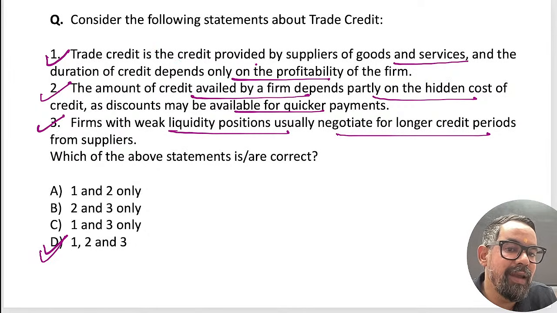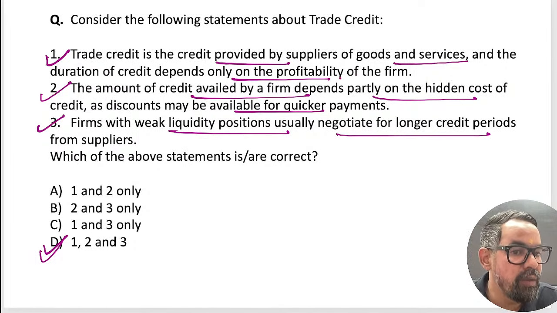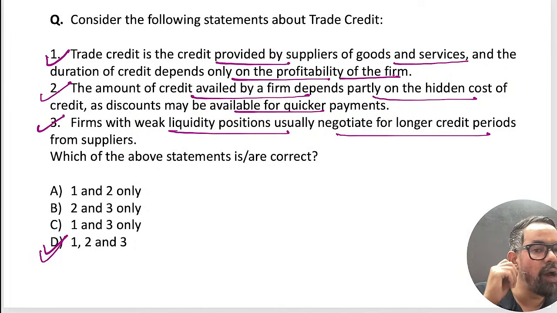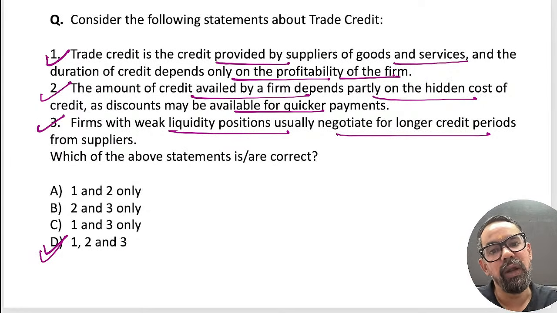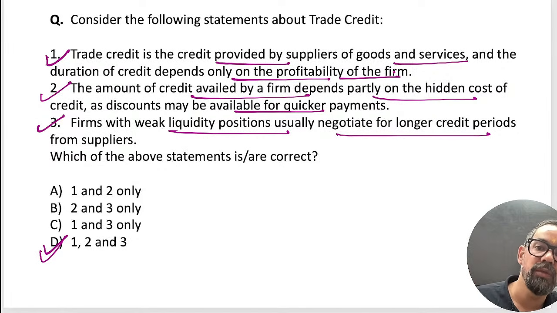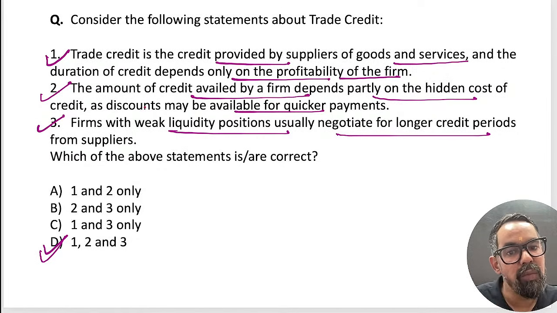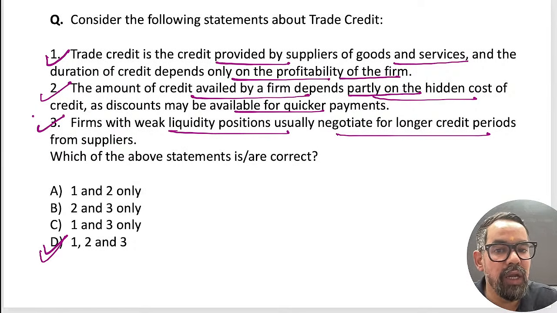The first one: trade credit is provided by the suppliers for goods and services, and duration of credit depends only on the profitability of firms. If you are in profit, they will provide it. If you are a Reliance, they will give a longer credit period. If you are already in loss, they will have some sort of fear. This is true. The amount of credit availed by a firm depends partly on the hidden cost.